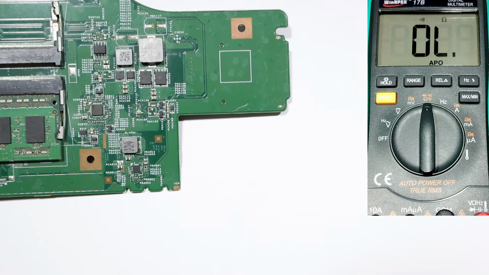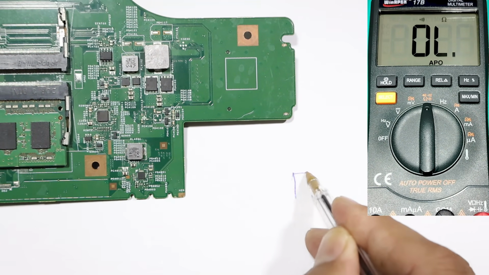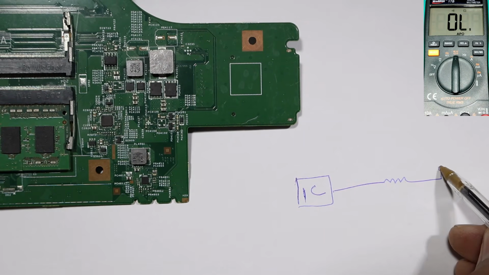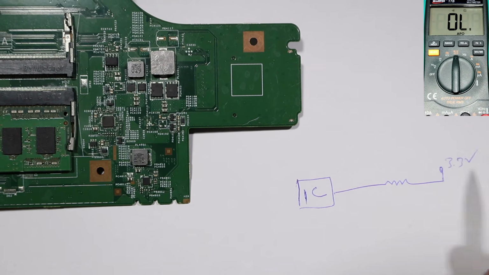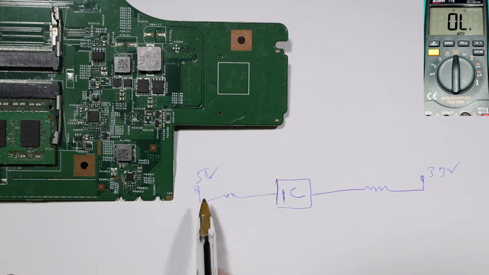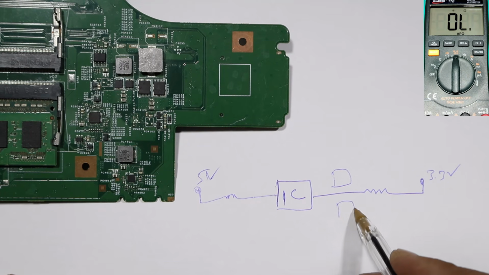So to understand 100%, I will draw for you the schematic. Always we have the IC. So we have here 3.3 volts in this side and 5 volts in this side. Okay, we find always here two MOSFETs.